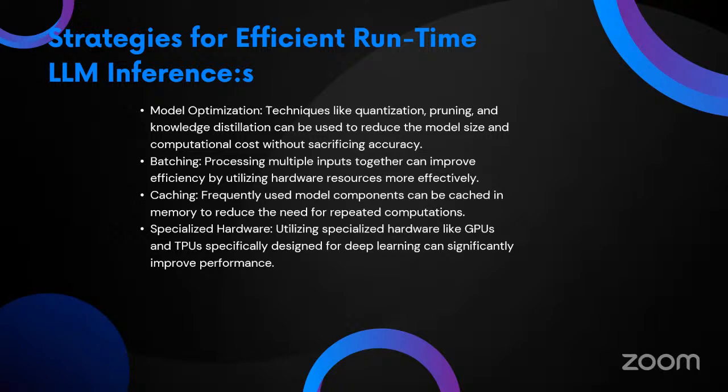Frequently used model components can be cached in memory to reduce the need for repetitive computations. Then we have specialized hardware. We can use GPUs or TPUs specifically for deep learning models instead of a CPU, which can help us improve performance.